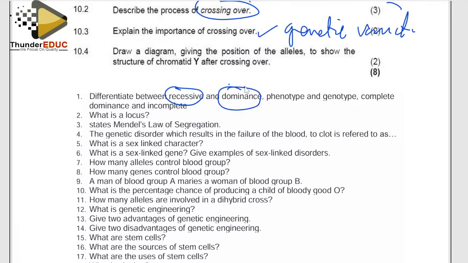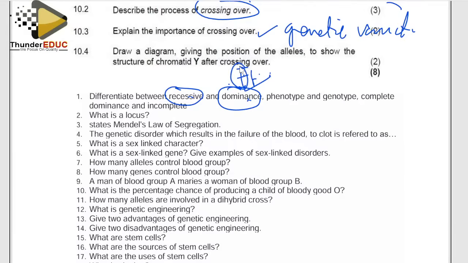When you say dominant allele or dominant character, it is an allele which expresses itself in the heterozygous state. A recessive allele is an allele which can only express itself in the absence of a dominant allele. For example, capital F, small f.